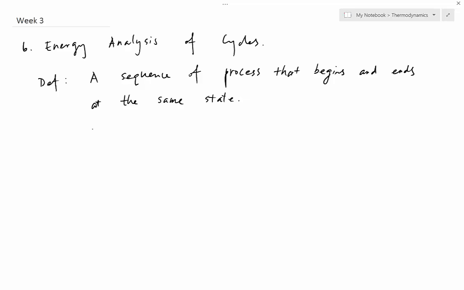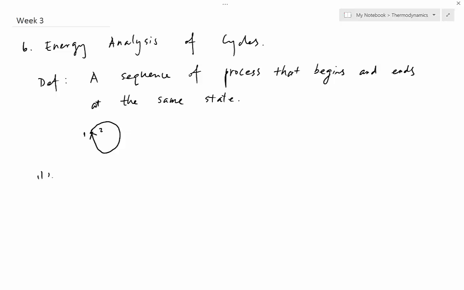So for example, if you start from point 1, you go through a series of processes and then you go back to state number 1. You start from number 1 and then you end at number 2. But 1 and 2, they're actually the same place. That's a cycle.